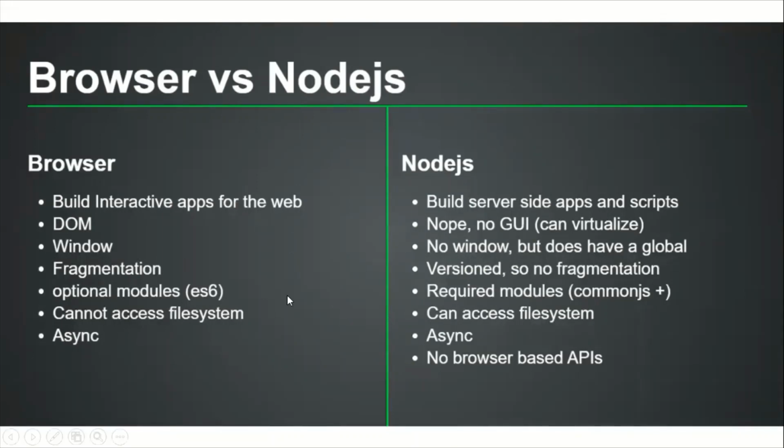Browser JavaScript doesn't have access to the file system. Node.js has access to the file system, so you can read a file from your local machine directory, or delete a file, anything. Okay, asynchronous, which I'll be taking now, and no browser-based API. So this is just an overview of the difference between browser and Node.js. You'll learn more as we go through later sessions.